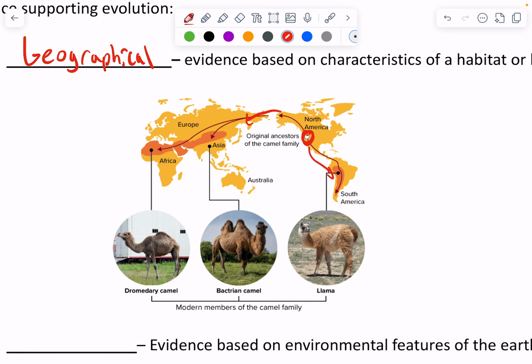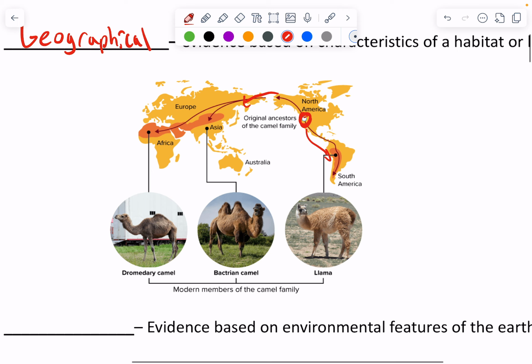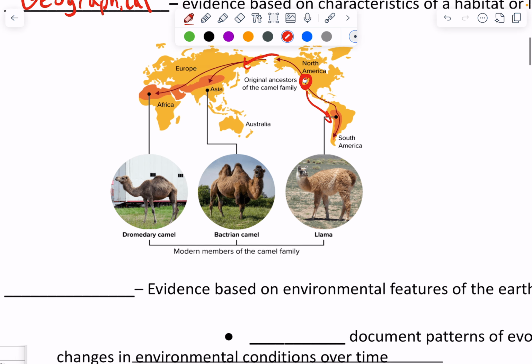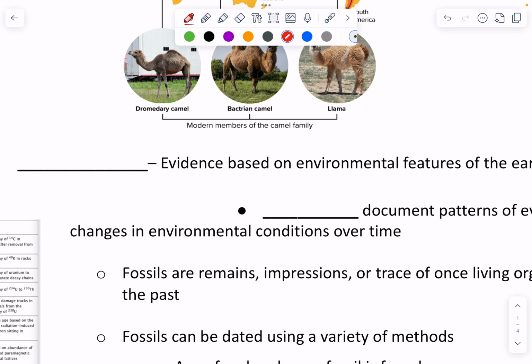We have fossil evidence of this, and we also have up-to-date camel evidence of this. So we do this with all of these different families of species to see how they've changed over time and under what pretenses. So geographical is first.